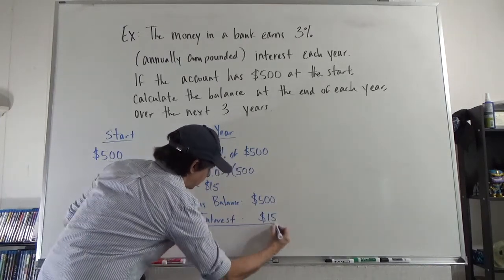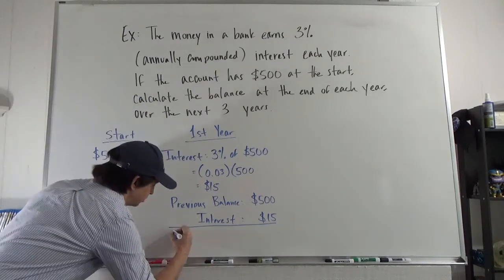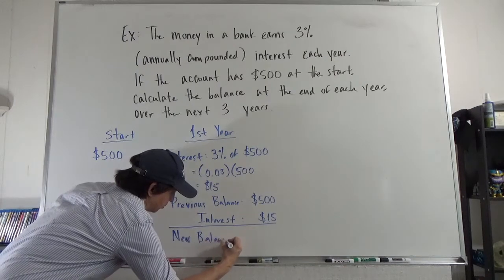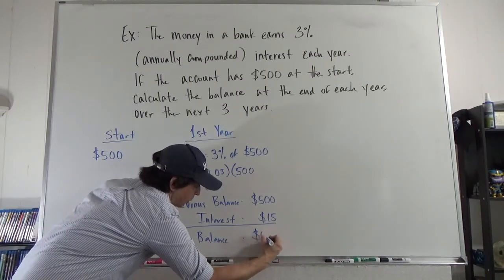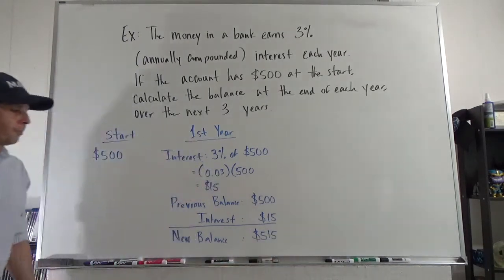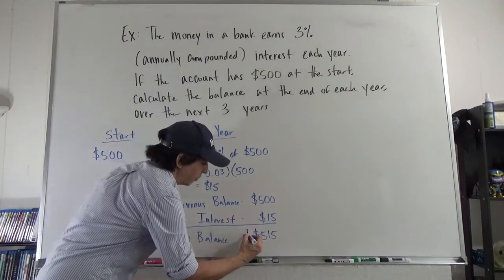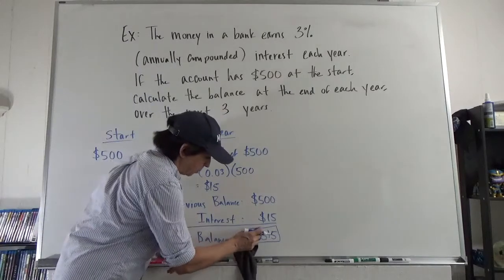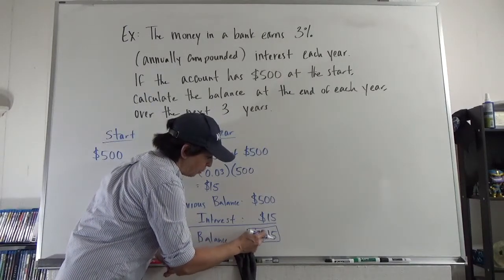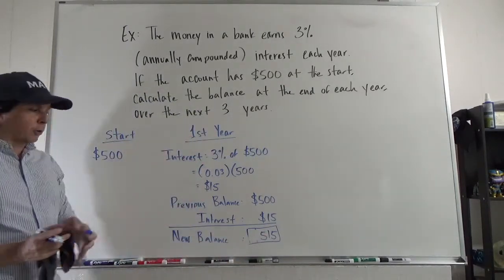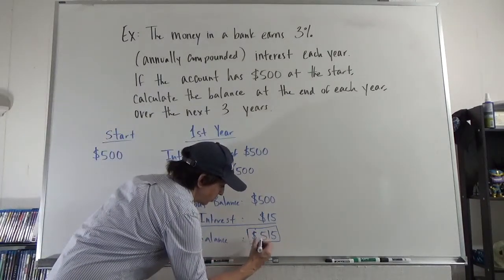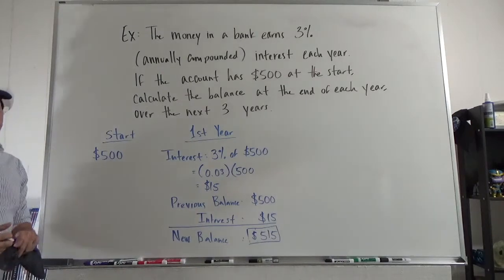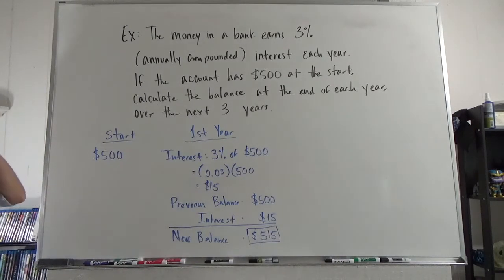Then $15, and then your new balance is now $515. I'm going to circle it even though that's not our final answer. Well, that's one of our answers because we did want the amount at the end of each year, and this is the end of the first year, for each of the first 3 years. So that's 1 of 3 years that we have to do. That's how it works.